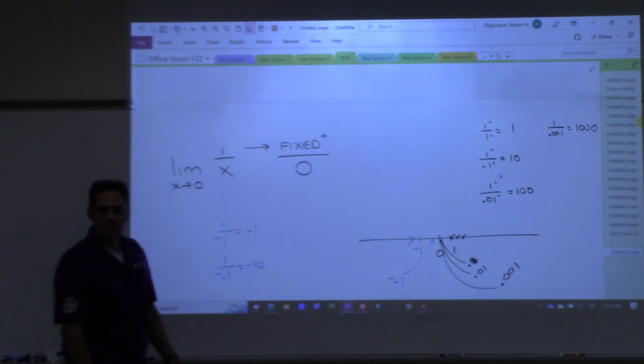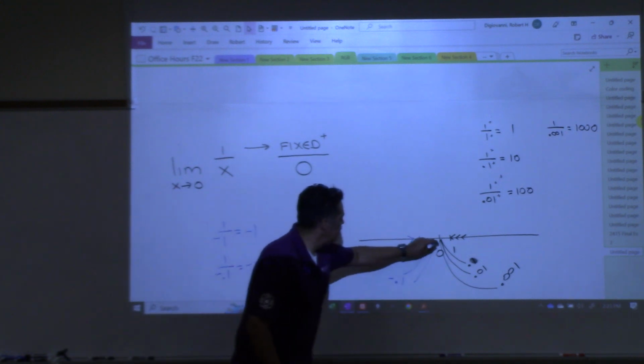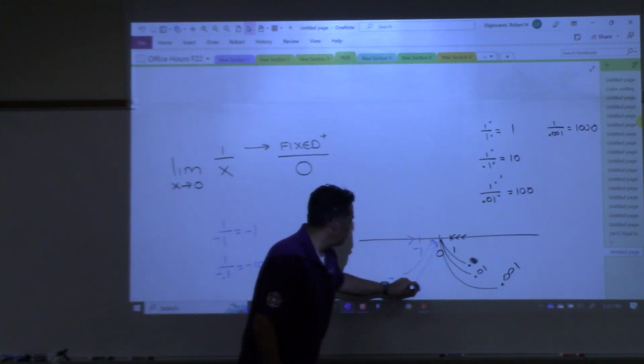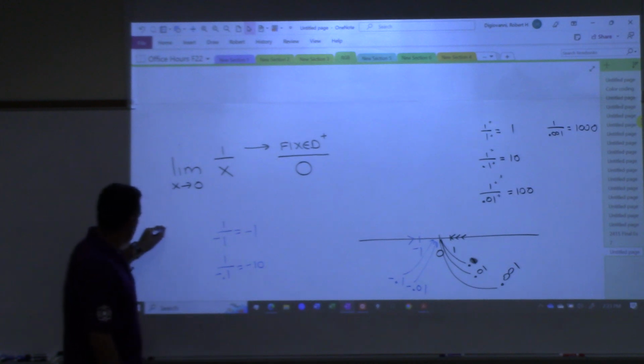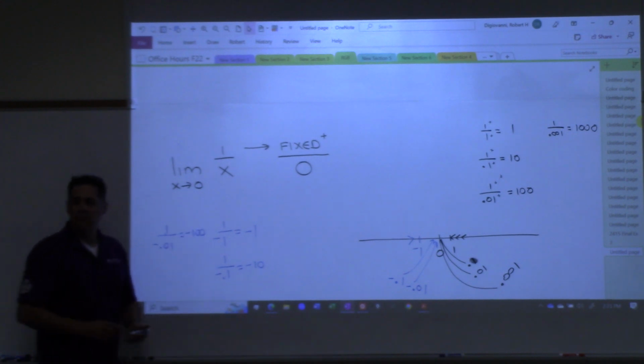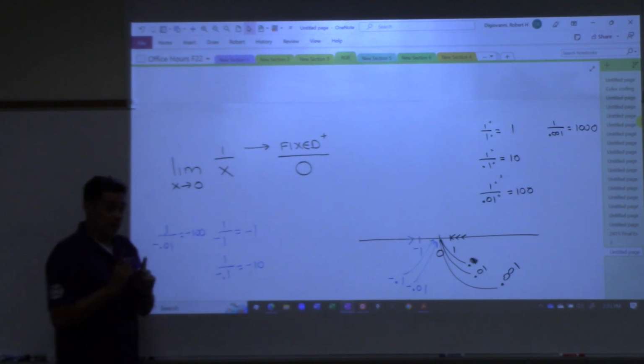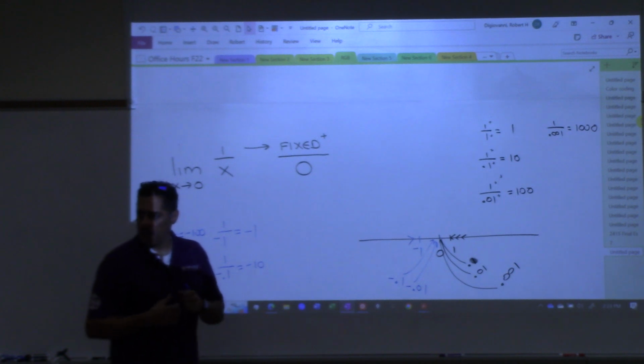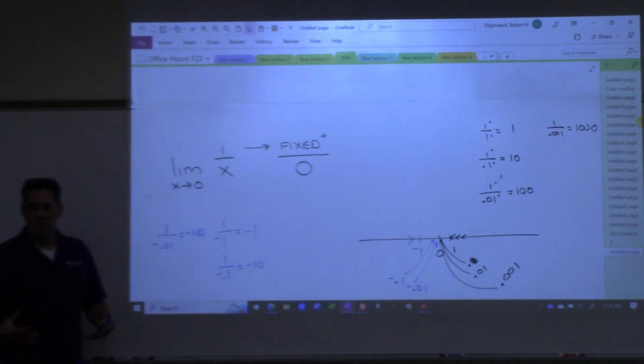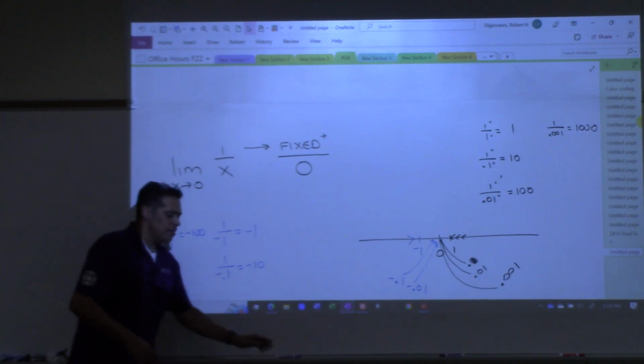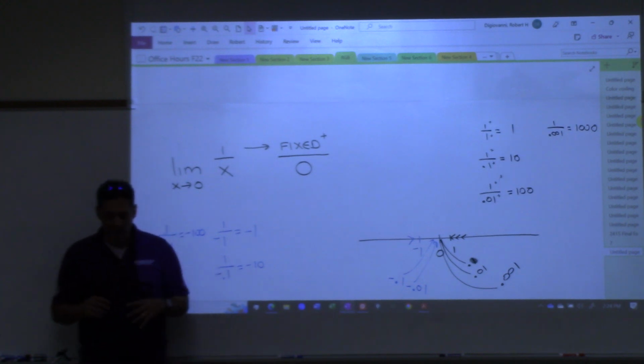Then plug in a number even closer. -0.01. What would you get? -100. So what's happening now? They're getting bigger, but negative, right? Getting huge negative numbers.